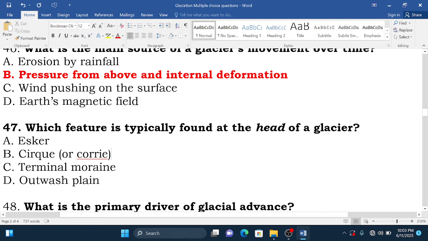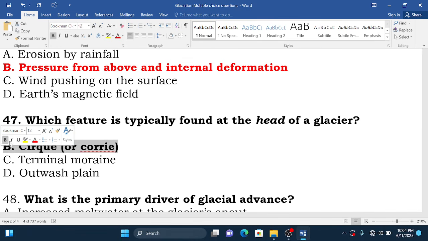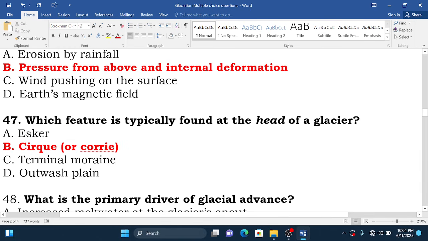B, silt. C, terminal moraine. D, outwash plain. So the correct answer is C, which is a silt or a cirque. It is a feature that is typically found at the head of a glacier.